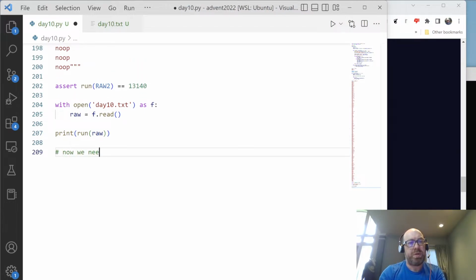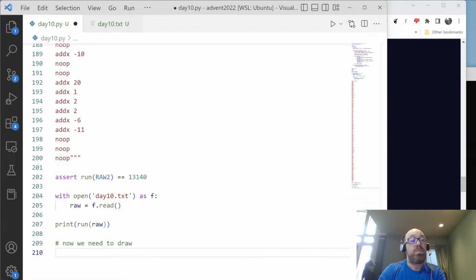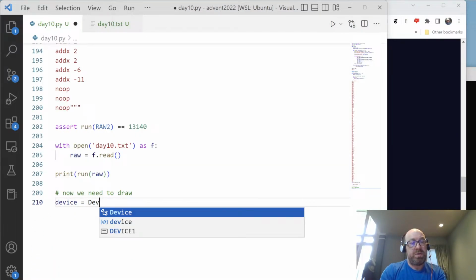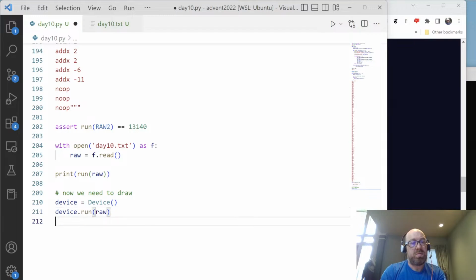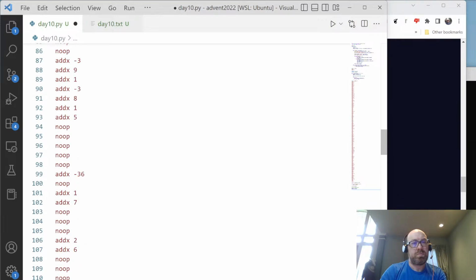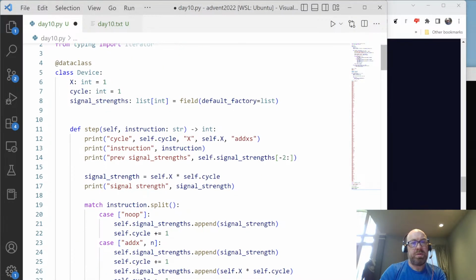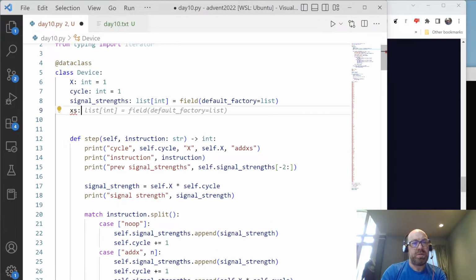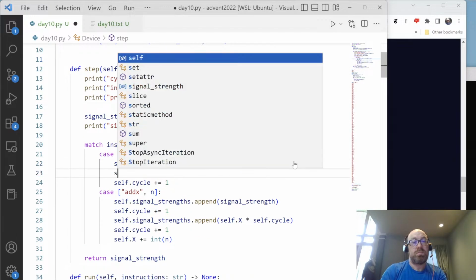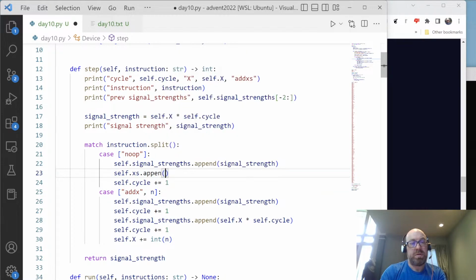Okay, now we need to draw. And so let's say device equals device, device dot run raw. Actually, let me do this x's, which is a list of ints. Dot x's dot append self dot x.